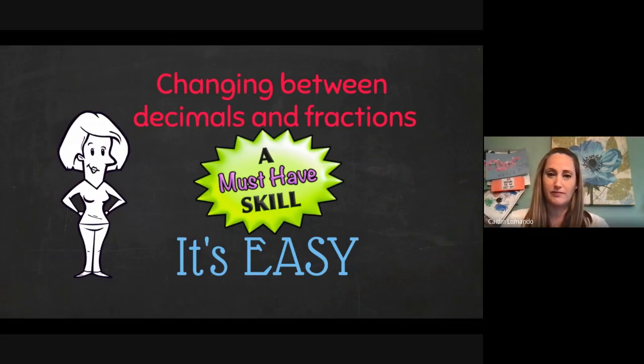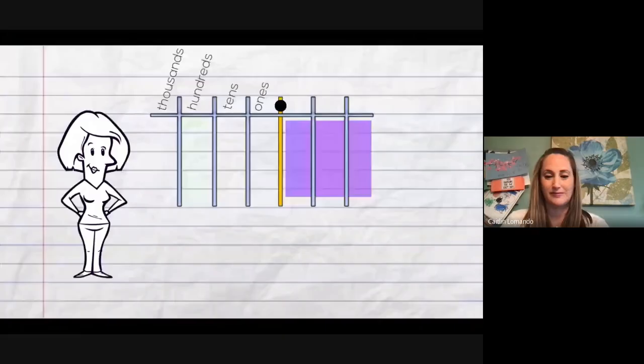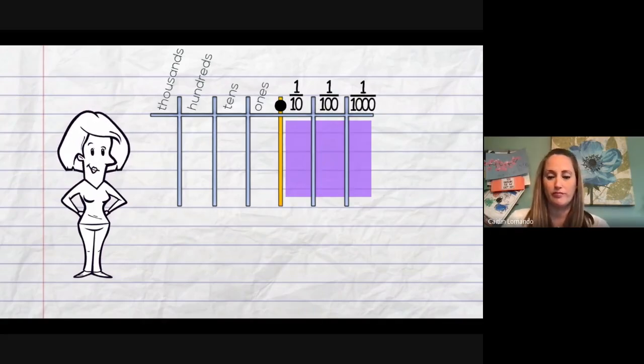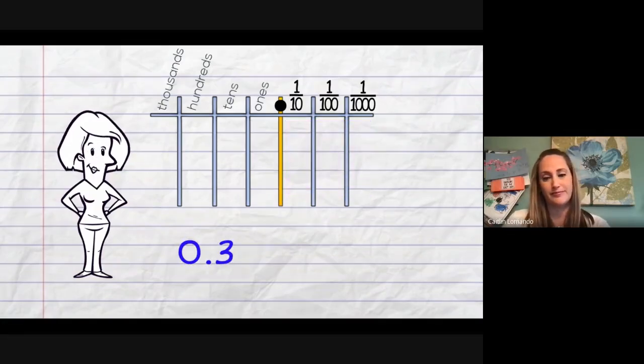Here's a place value chart. The decimal point goes here. On the left of the decimal is where we put our whole numbers. And on the right of the decimal is where we've got our fractional parts. The first column is tenths, then we've got hundredths and thousandths and so on. If I have a value, we can put it into the place value chart.